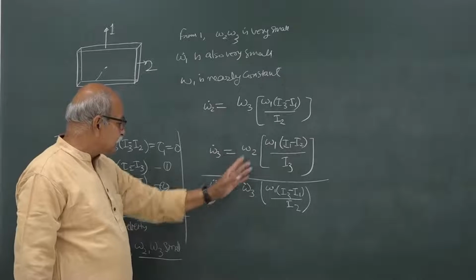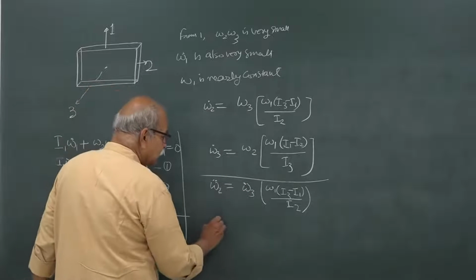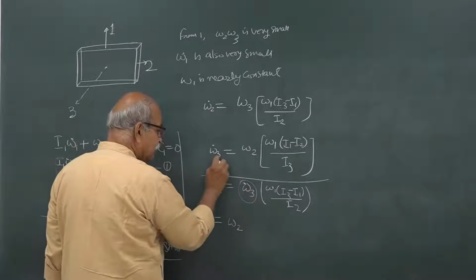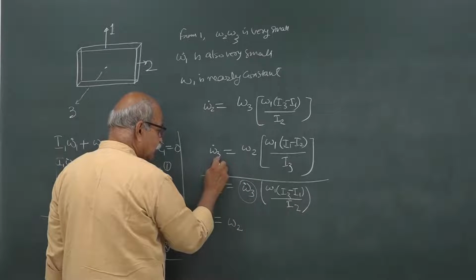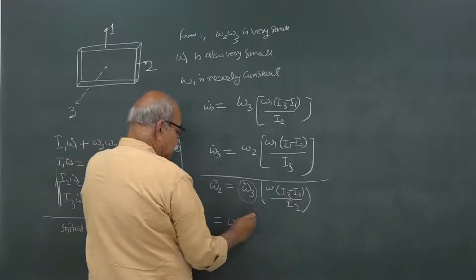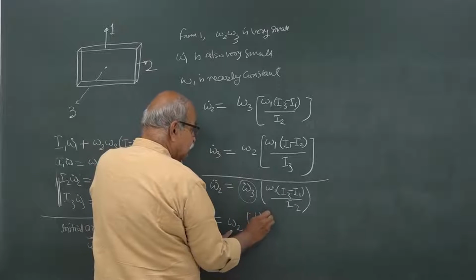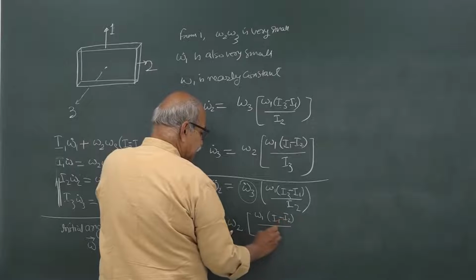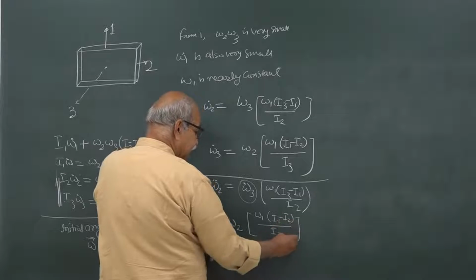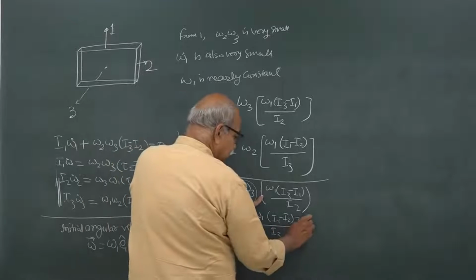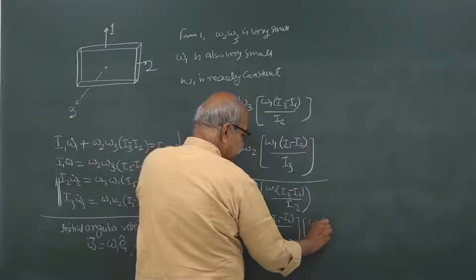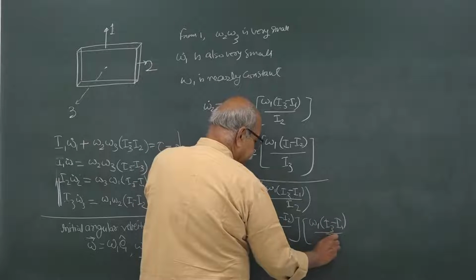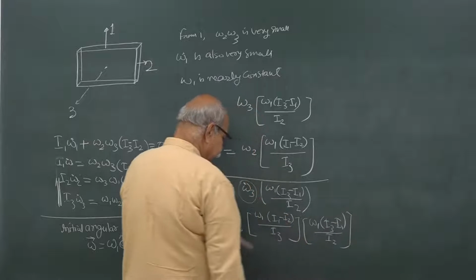Omega 3 dot is here, so let us put it there. This is equal to omega 2 omega 1 (I1 minus I2) divided by I3, times omega 1 (I3 minus I1) divided by I2.